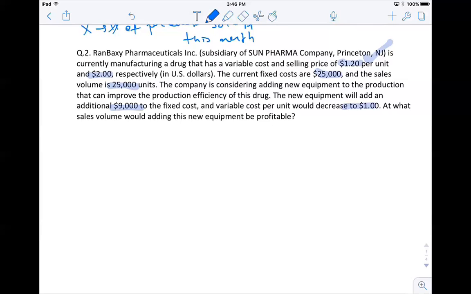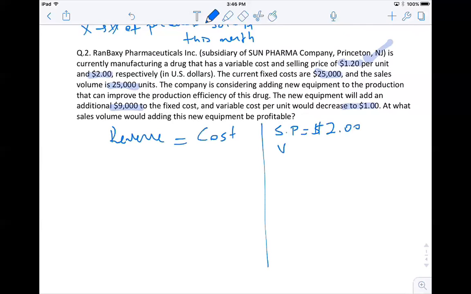All we need to think about is, what is my revenue? As we know, at the break-even point this is going to be equal to our cost. So let's think in terms of our fixed cost, variable cost, and our selling price. The selling price, SP, is not going to change. It's going to stay at $2.